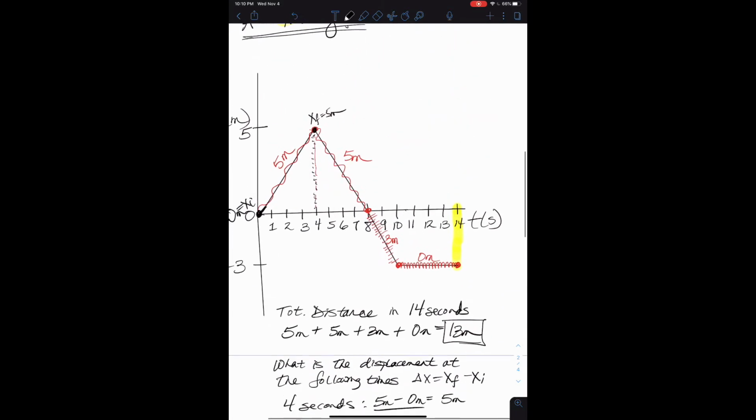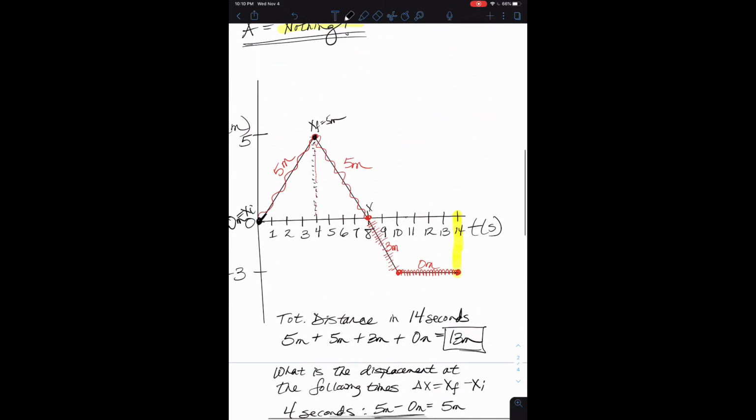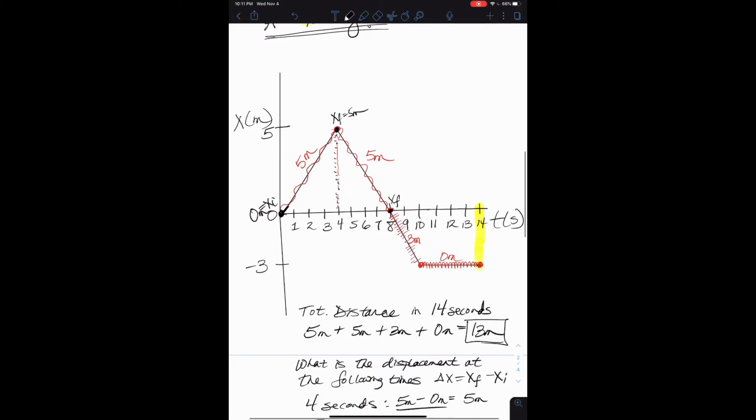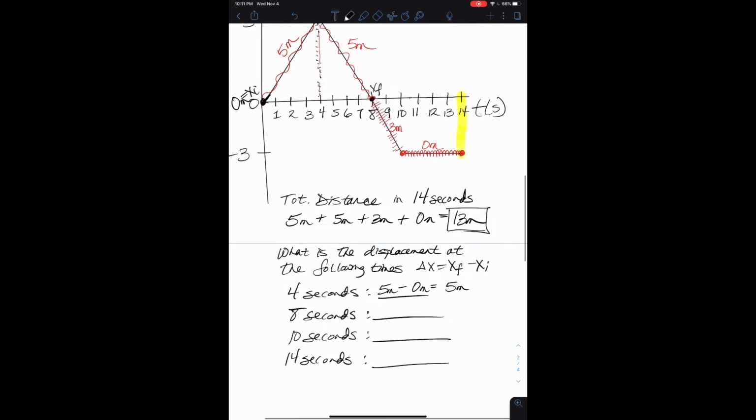At 8 seconds, what is my xf? My xi is still 0. At 8 seconds, we're right here at the x-axis, so the position is 0. So 0 is just the location, just arbitrary.